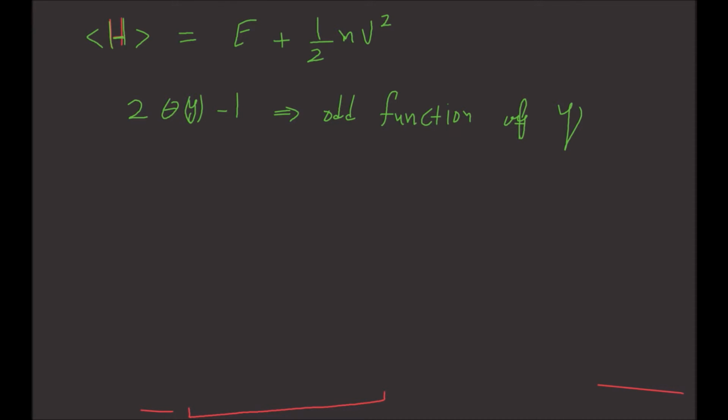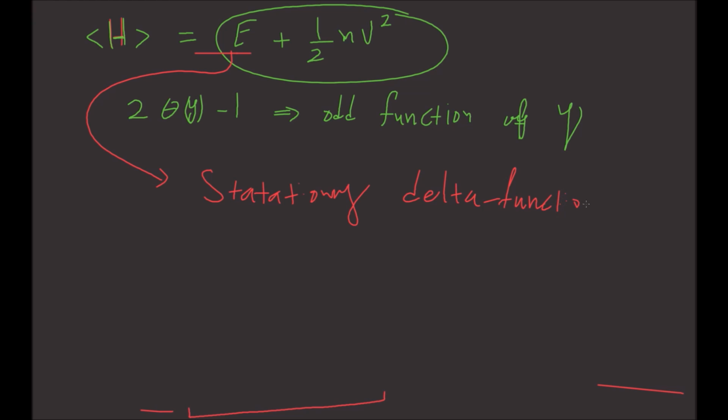The wave packet is dragged along at speed v, right, with the delta function. The total energy is the energy it would have in the stationary delta function, we did it earlier, plus the kinetic energy due to the motion. So that's what this means: the total energy is the energy of the stationary delta function plus the kinetic energy of the motion.